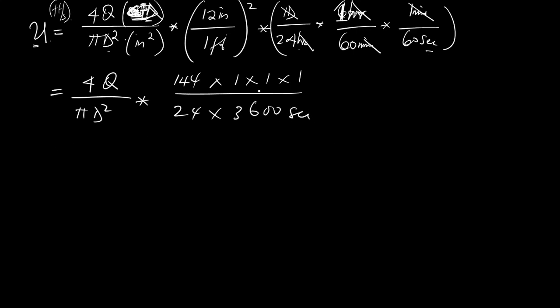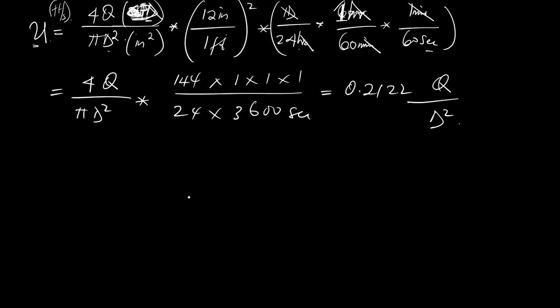Now we have this. So using our calculator to calculate this, we have 0.2122 Q divided by d square.